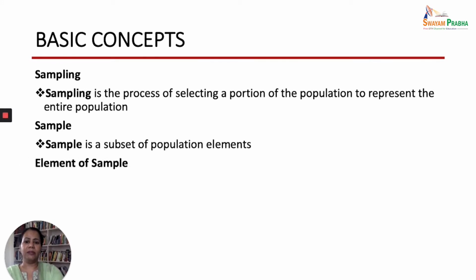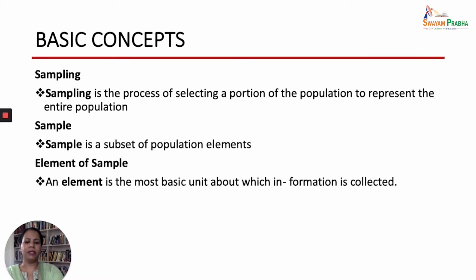Now, what can be the element of a sample? Sample necessarily may not be consisting of human subjects. You may have the element of the sample as hospitals, you may have villages, you may have nursing schools or simple government schools or private schools. Those can also be the element of a sample.